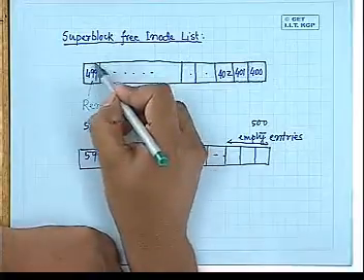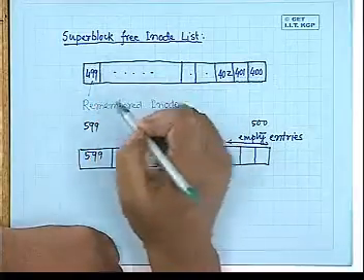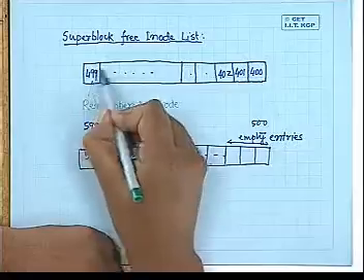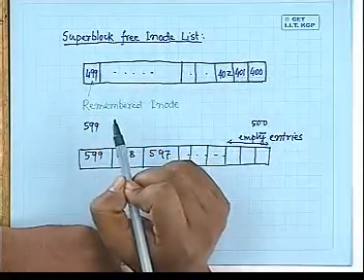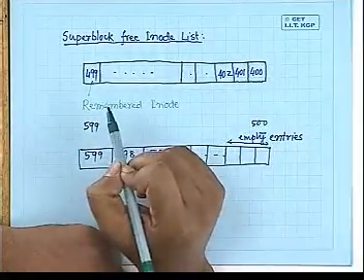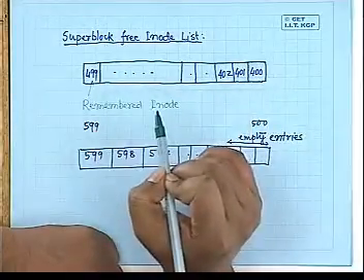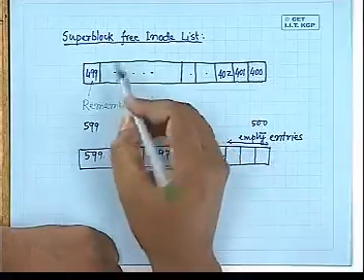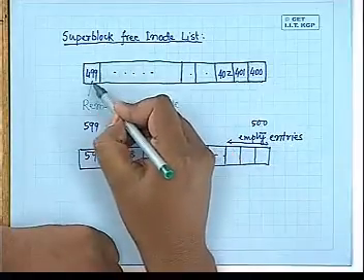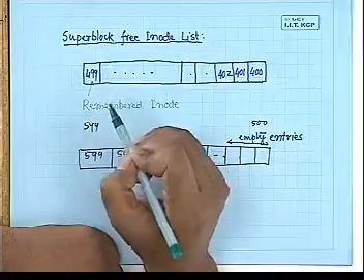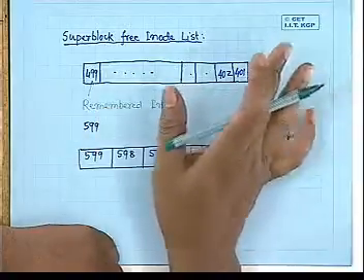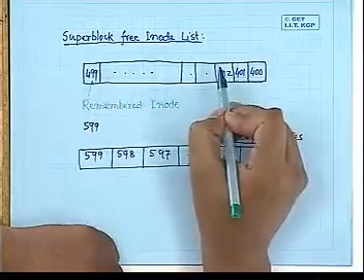Finally, when all the inodes in the superblock free inode list are allocated and it comes to the situation that this last inode, the remembered inode, is to be allocated, at that point the superblock free inode list will be empty. So if the kernel finds that the superblock free inode list is empty, it will recall this remembered inode, knowing that other free inodes may be available after this.